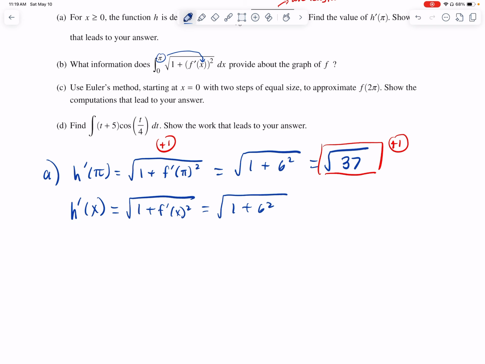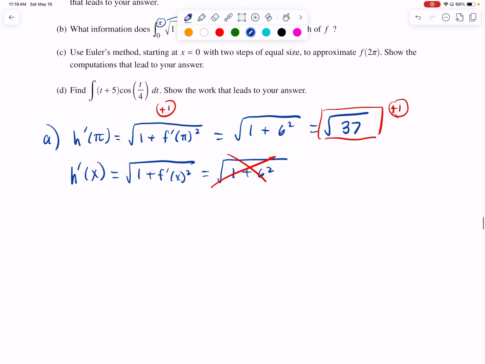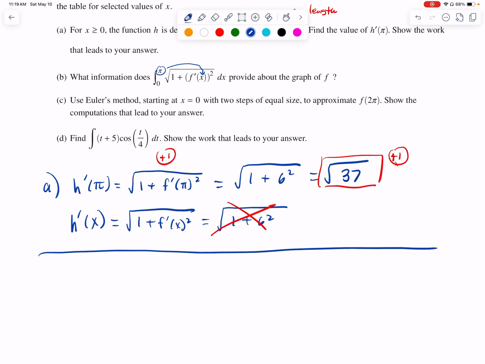So don't do that. Do not. The reason is that chances are you'll get this point here, but you won't get the point for showing your correct work. They'll just take one of those points right away from you. Even though you're demonstrating that you know what you're talking about, you wrote it wrong, and they're really particular about their notational fluency.